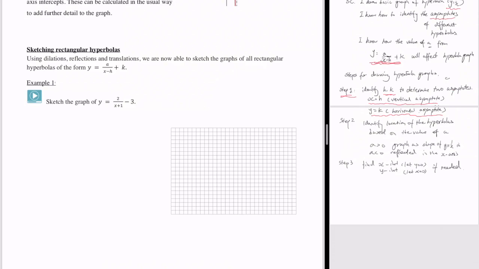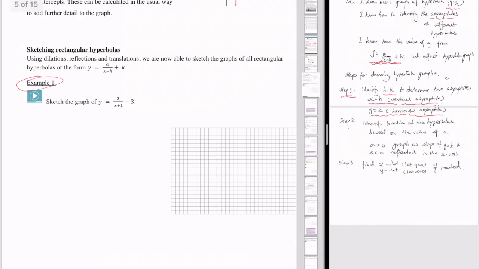understand these steps. So coming back to the notes, example 1 asks you to sketch the graph y equal to 2 over x plus 1, minus 3. Above this question, you will see the general rule for hyperbolas. So now step 1, identify h and k.